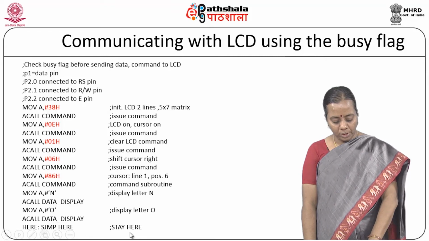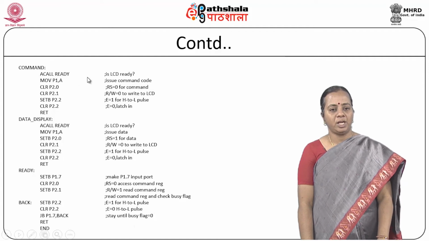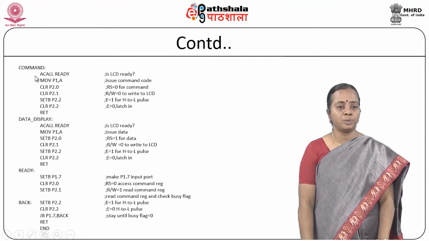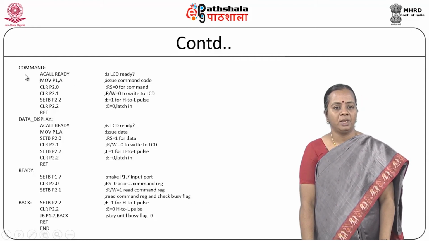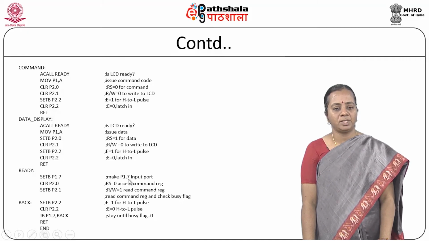When I am doing this, you just see that when I am calling the command write, it checks whether the LCD is ready or not. This is the difference between the previous program and this program. By looking at the busy flag, just see that ready is the routine which is called inside this command write. If I am calling ready, I will come over here and check: SETB P1.7, which makes P1.7 the input port where the busy flag will be checked.